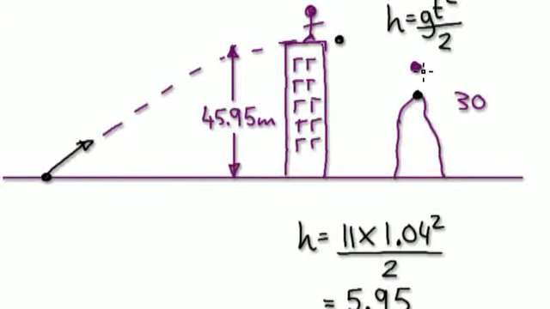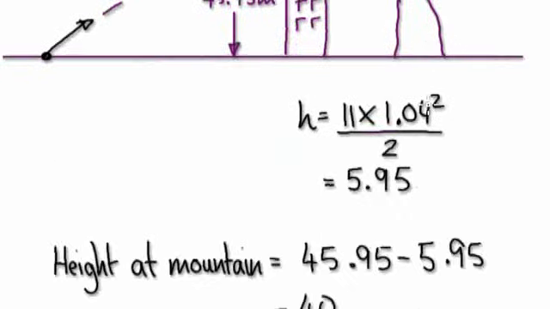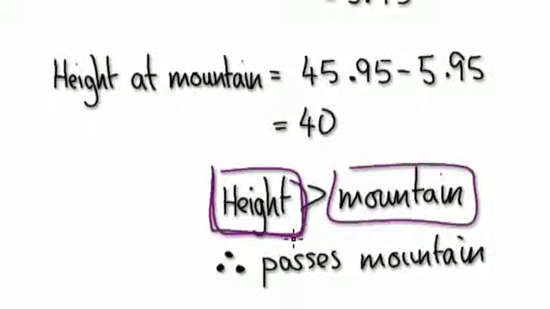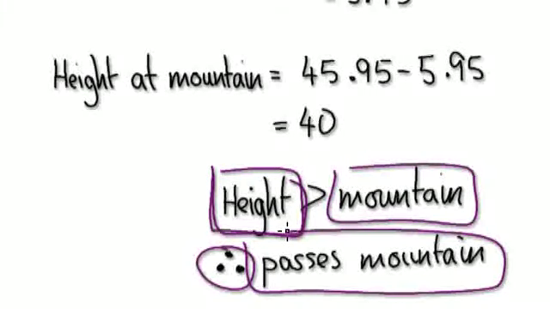By the time it gets to the mountain, it's 40 meters high. So you see, by the time it gets to the mountain, it's above the actual mountain. So you know it's going to pass the mountain. So here the height is greater. Therefore it passes the mountain.